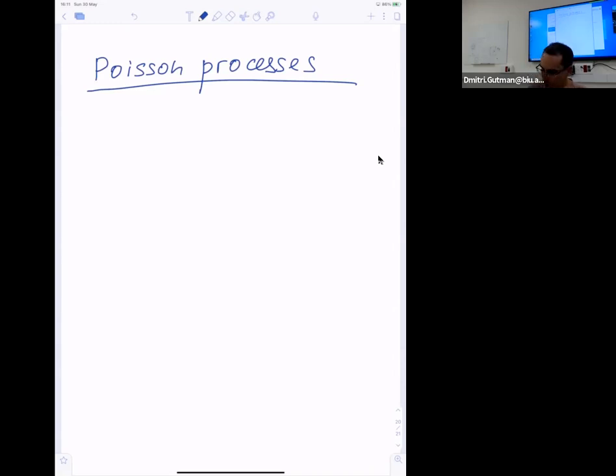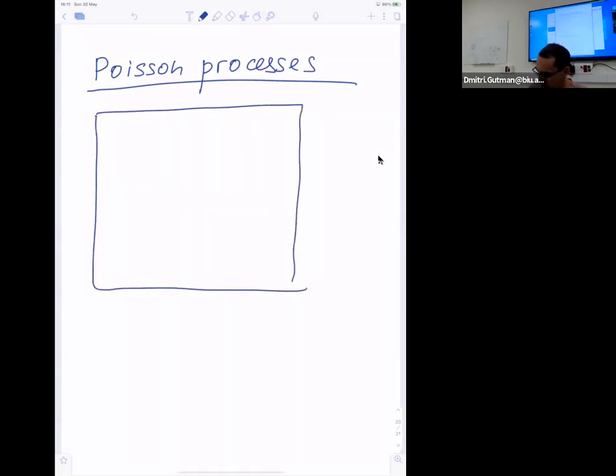So let me just give you a prototypical example of this process that you're all familiar with from the course of statistical physics. So imagine that we have an ideal gas placed in the container, and the volume of this container is V0, and the number of particles of this gas is N0.